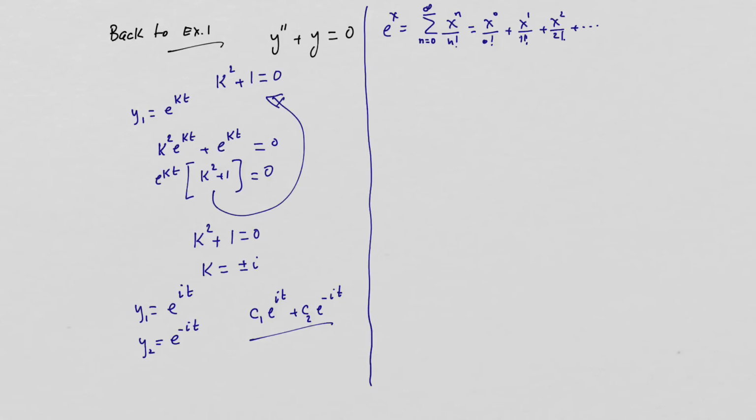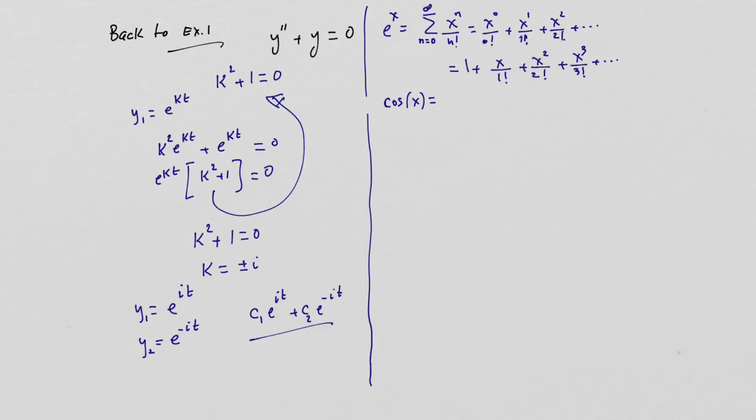I'm going to write it nicely. 1 plus x... and also, you learned that the Taylor expansion for cosine of x was basically the terms in here that happen to be even functions, right?